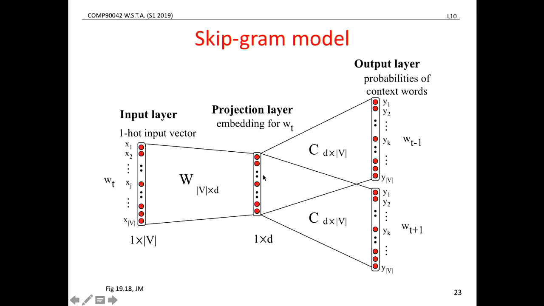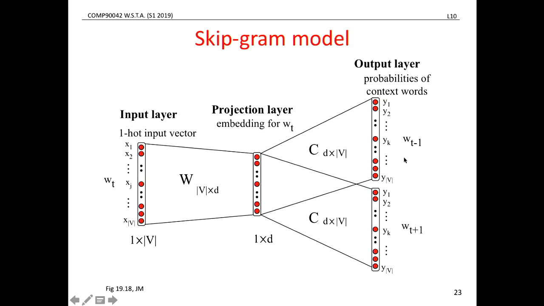That gives us our representation here. Then we multiply that through by the matrix C. That gives us a whole lot of scores for each of the output words, which we then renormalize using this exponential and normalization factor. So that's the softmax transformation shown on the previous slide.